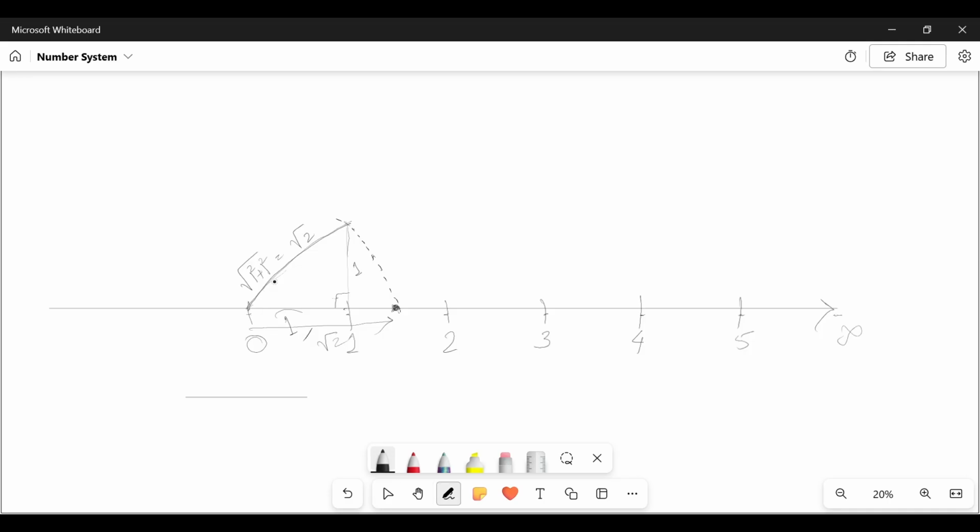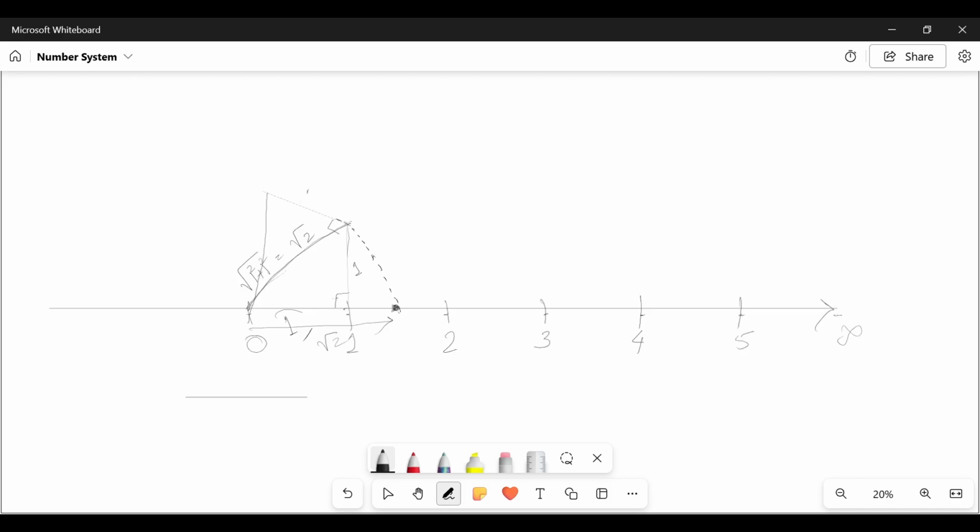Now a similar thing can be done to find out square root of 3. So as we found out square root of 2, maybe if I plot one more right angle to this, considering this as the base for me, and how about adding one more unit of 90 degree to this, and maybe I try to extend this as the hypotenuse.